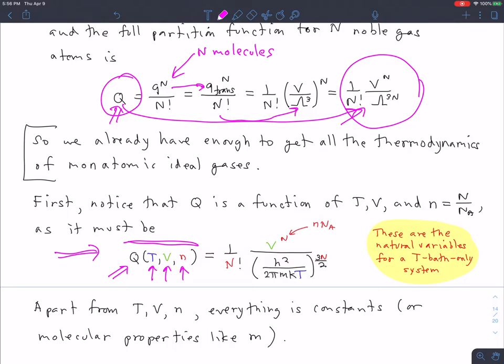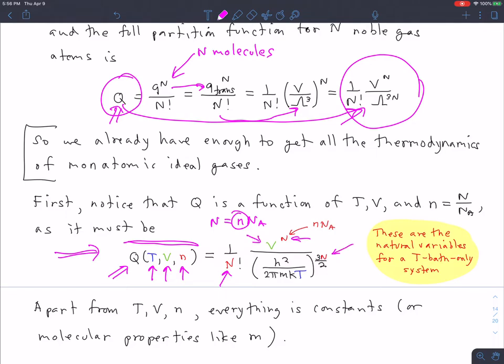Those are the natural variables for a T-bath open system, a system that's only got a T-bath. And if we look at things, there's N, right? Capital N here is just the number of moles times Avogadro's number. So whenever we see a capital N, we're also seeing a mole number N. And there it is. There it is again. So it appears in several places.